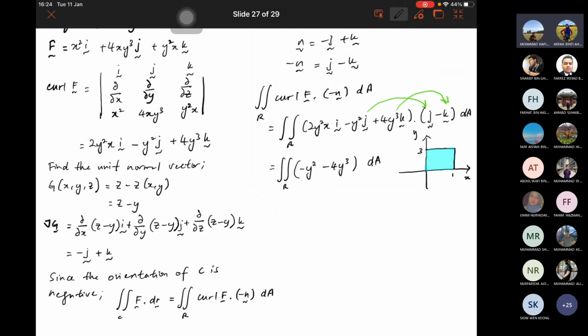So berapa dia punya region of the integration for this case? Oi, apa region dia? Anyone get the answer?